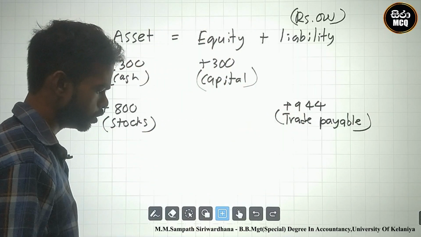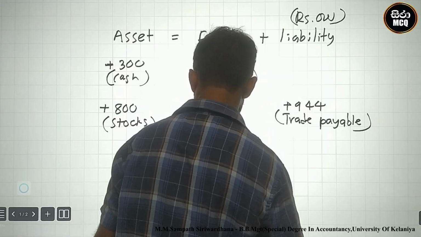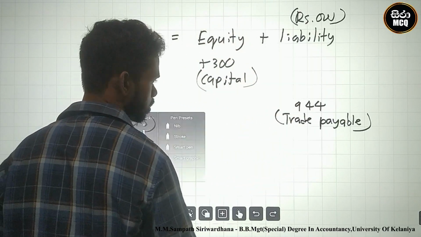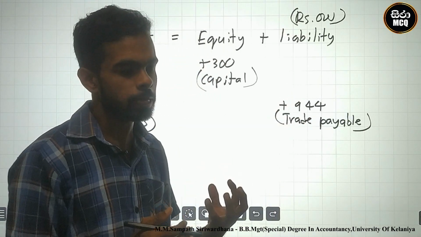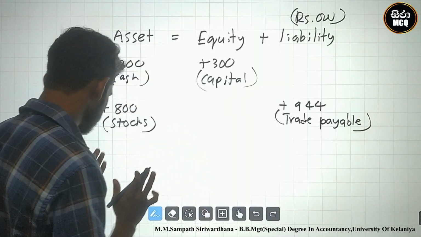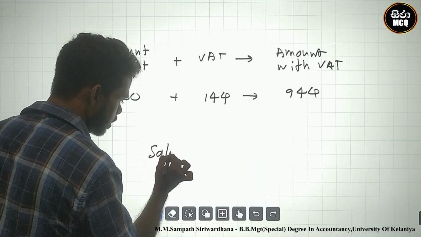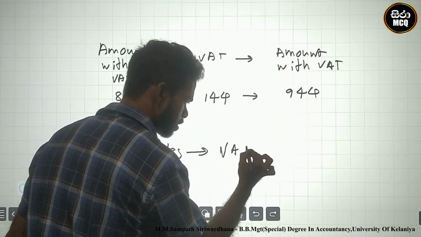The other one is VAT short. At the purchasing, VAT must be deducted. At the sales, remember this, VAT should be payable. VAT plus.